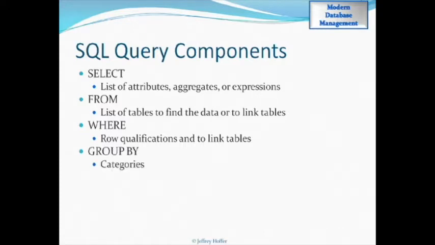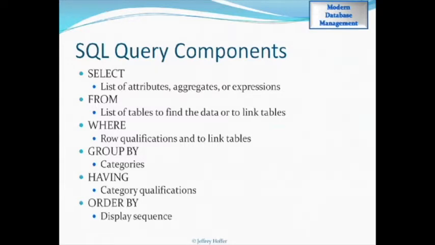Group by allows us to specify categories or groups for which to show the select list results, and hence on which to compute aggregate values. Having is used to qualify which groups to include in the select list results when a group by is used. And order by is where we specify the sequence in which to display the rows in the result or answer table.